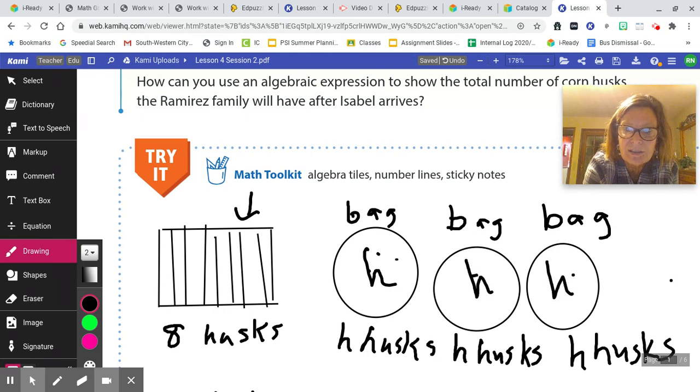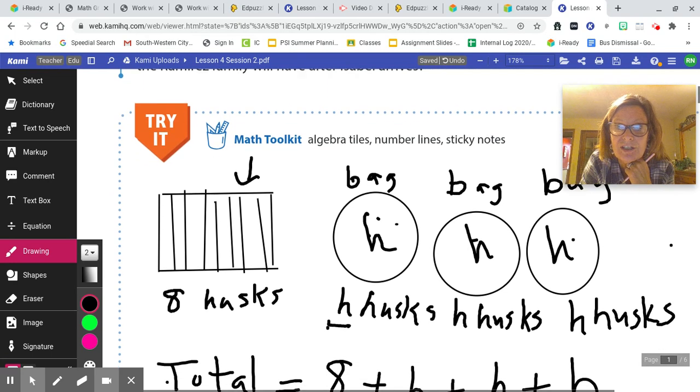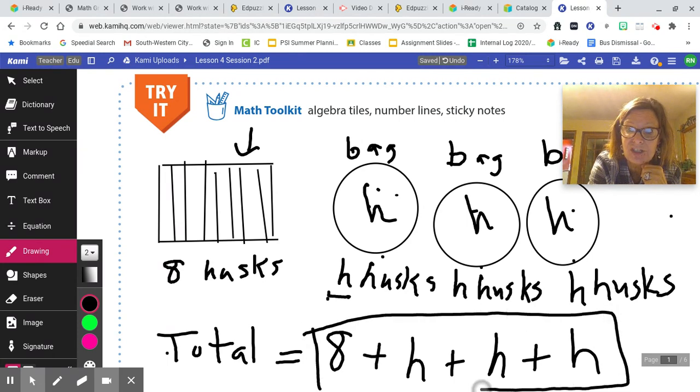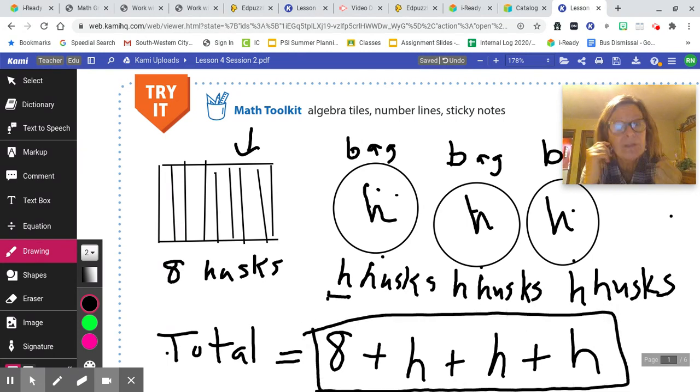So in each of these bags, there's the same number. I don't know how many, so we can say we have H husks. Another way to write that, if I wanted to make the equation now, is 8 plus H plus H plus H. And that is your expression. Right here is your expression. I have 8 plus whatever was in each one of those.